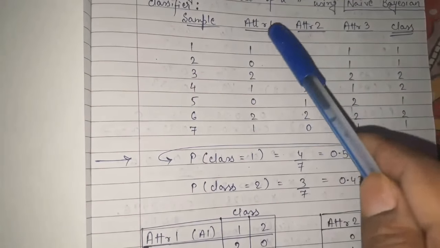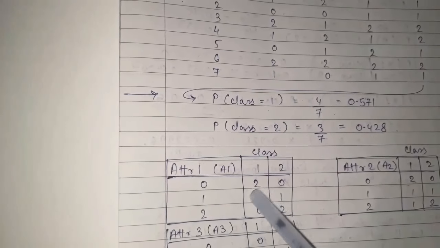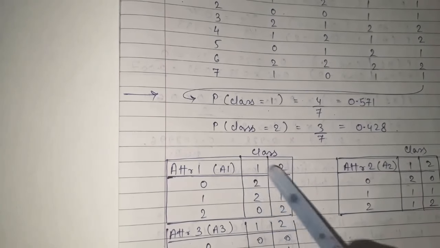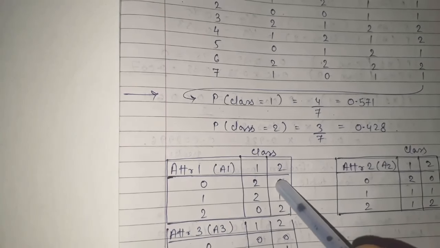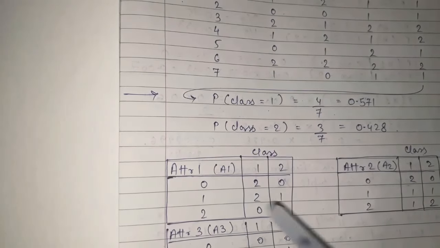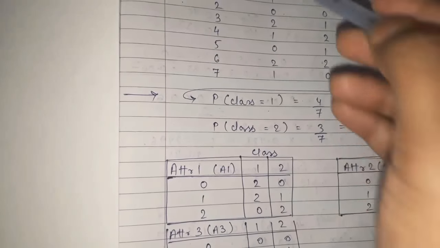No. So in attribute 1, there are 2 values of 0 that belong to class 1 and none of them belongs to class 2. So in 0, we write 2 values belong to class 1 and 0 values belong to class 2. Fine. Similarly, we will check for attribute 1 and value 1.